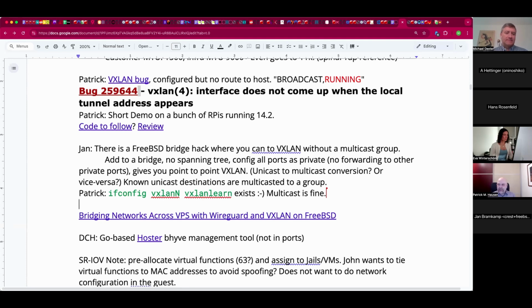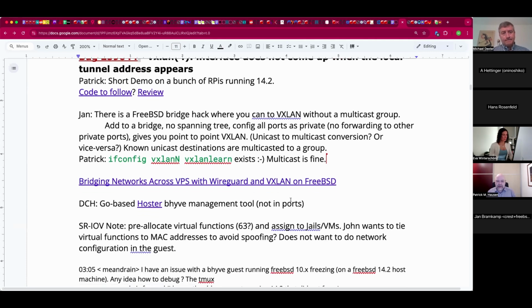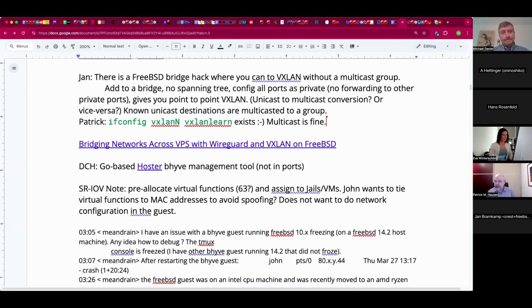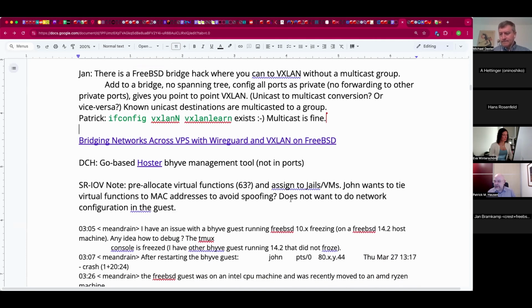I'm perfectly fine with running VXLAN over multicast. And I found that there's a parameter to ifconfig that lets the local node of each of the participants maintain sort of a MAC address cache, so they know where to send the packets that match a certain destination. So essentially, they're doing the work of a learning bridge in the VXLAN interface.